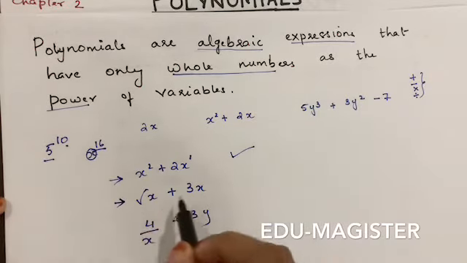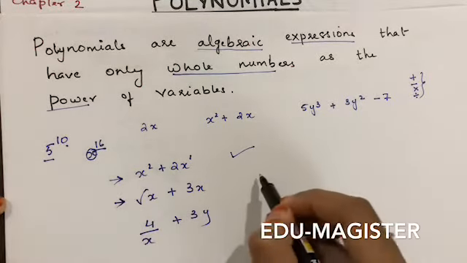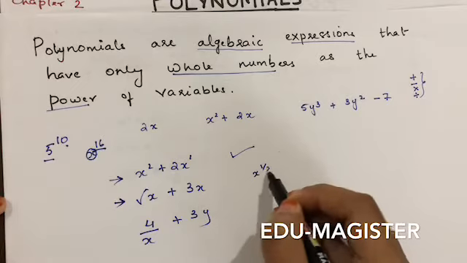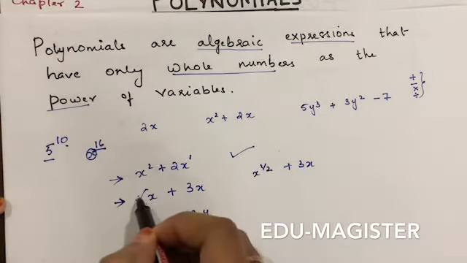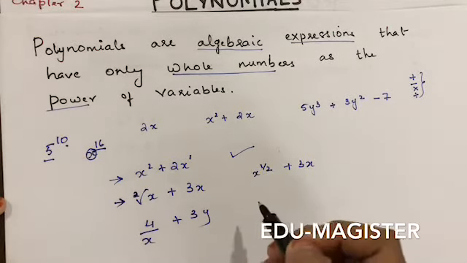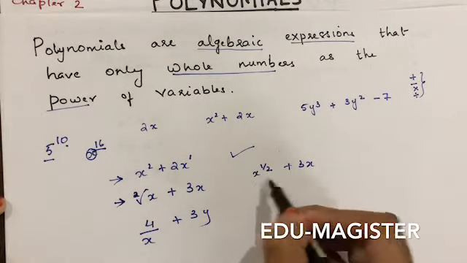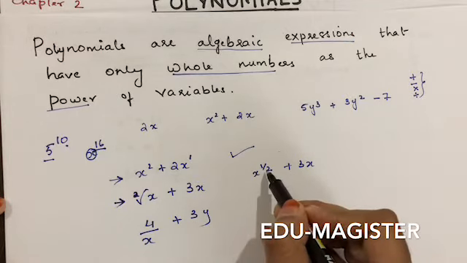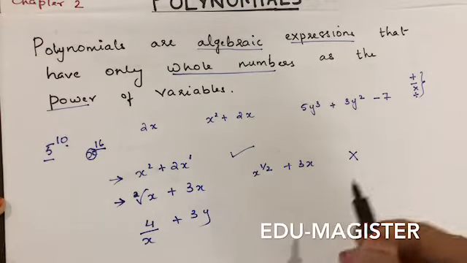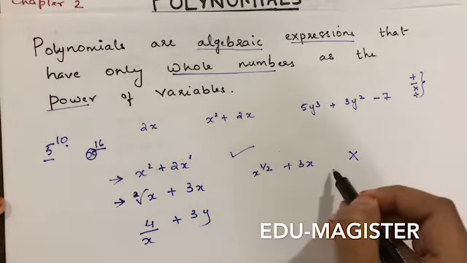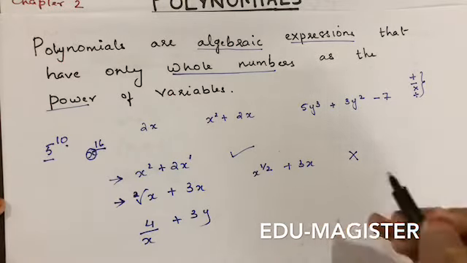In this example, this expression can be written as x raised to half plus 3x, because this is square root of x, right? So, in this expression, the power of this variable is half, which is not a whole number. Thus, this expression will not be a polynomial.